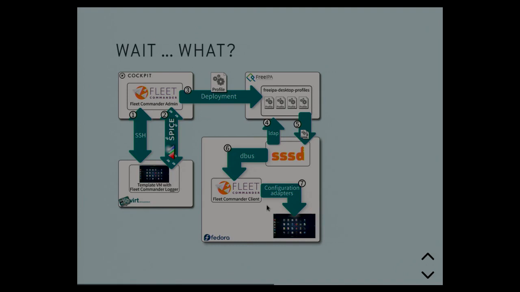This is what happens on the master side and on the virtual machine. On the client side, this is quite simple. We took advantage of machinery that SSSD already had for autofs. So we expanded this, made the code reusable, and added support for this.